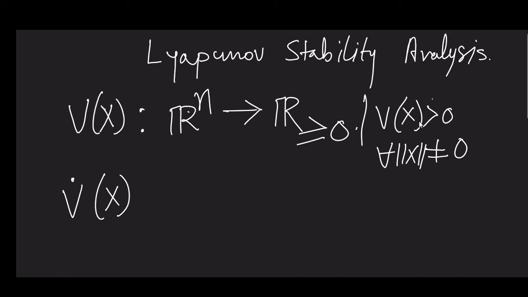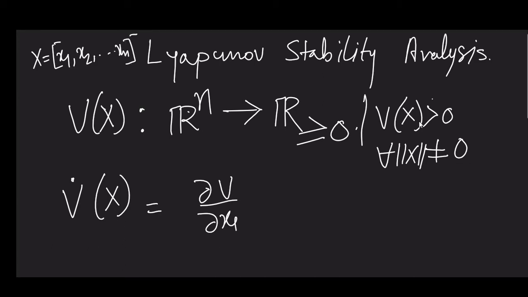So what we can do is write V dot x and apply our very old mathematics that we studied. Say our x has n components, x equals x1, x2, up to xn transpose.